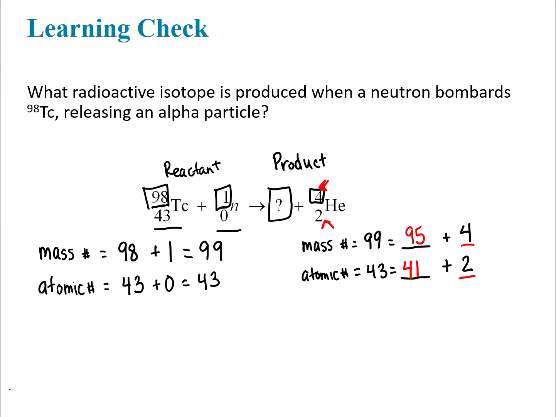So think about it like solving an equation. If I told you 99 is equal to x plus 4, how would you solve it? Right. That's exactly what we're doing here.